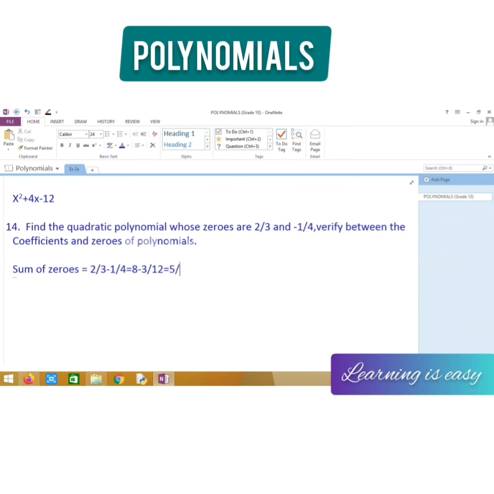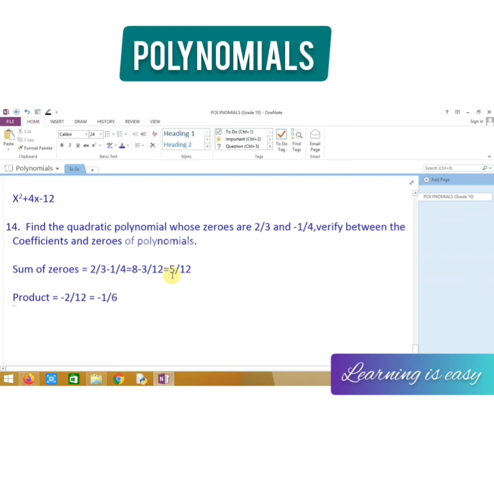So 5 by 12, which is of the form minus b by a. Next, the product of zeros is going to be 2 by 3 into minus 1 by 4, which is minus 2 by 12, which can be written as minus 1 by 6.